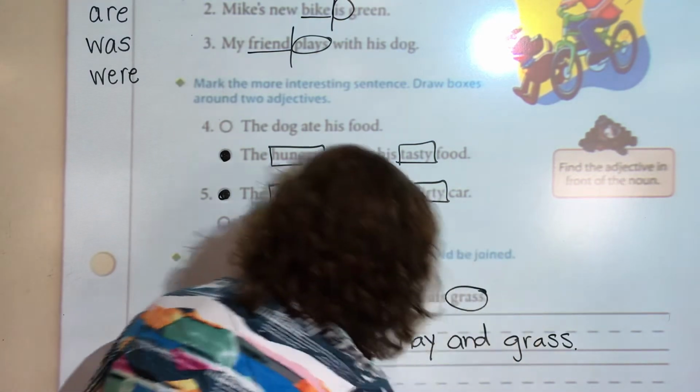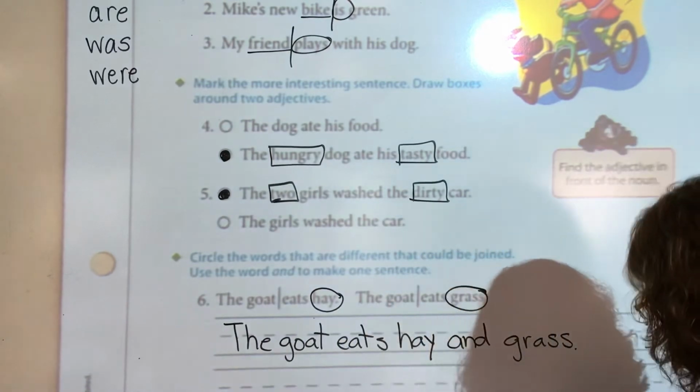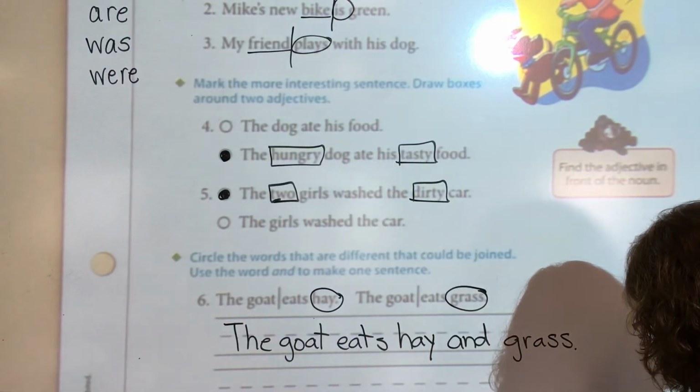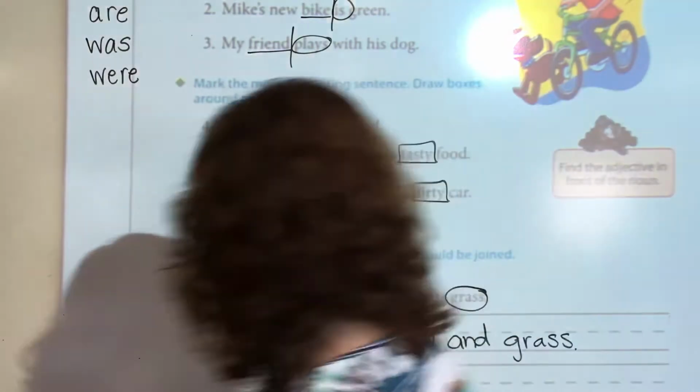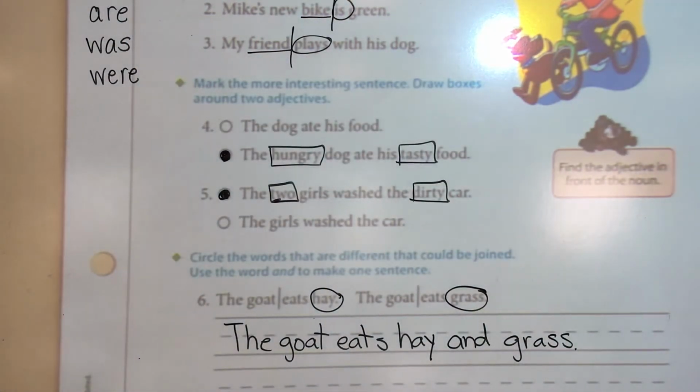Okay, the horse walks in the field and barn. And that combines our two sentences to make one sentence.